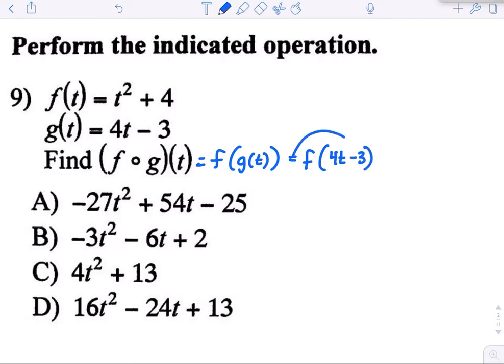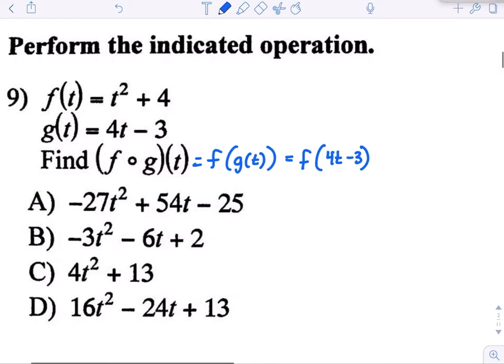Now, this tells me, let's put this as our input. So let's insert 4t minus 3 into the f function and put it wherever you guys see t, or substitute it.